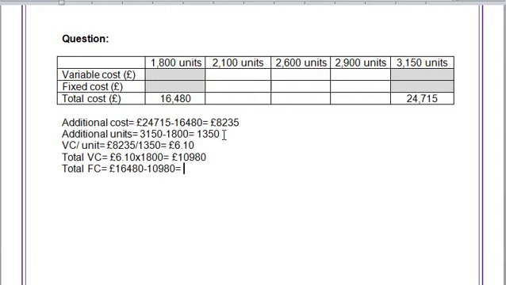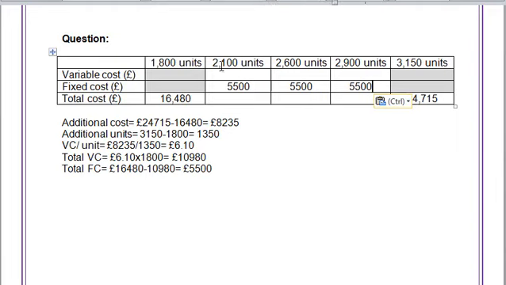And that will give me fixed cost of 5,500. And that stands as my fixed cost, and it will be the same amount of fixed cost at each of the activity levels, which I'm now throwing straight into my table.